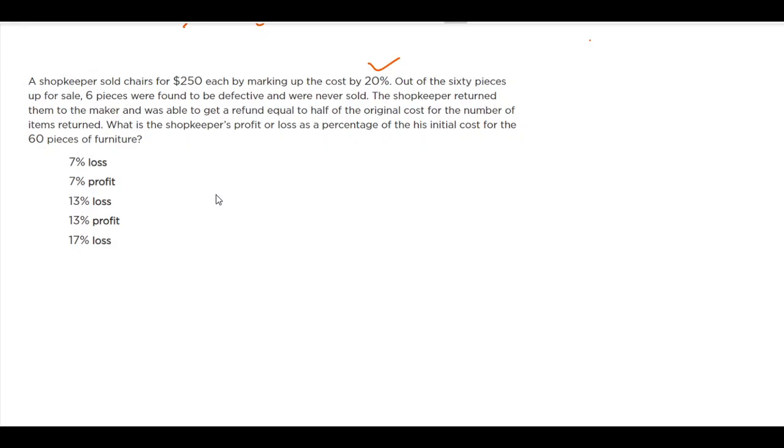So let's start again. A shopkeeper sold shares for $250 each by marking up the cost price by 20%. So if the original cost is X dollars, then there is an increase of 20%, which is going to be 1.2, to get to a value which is $250.